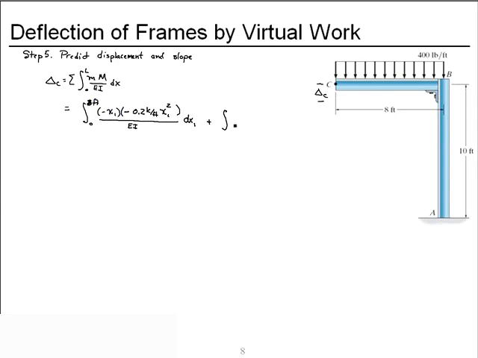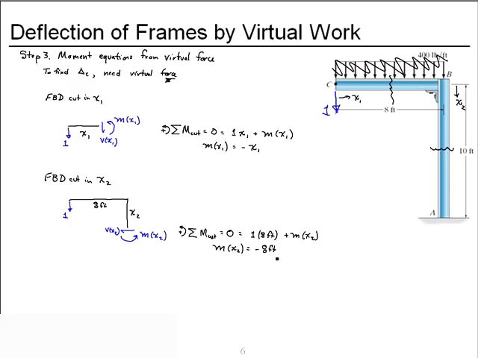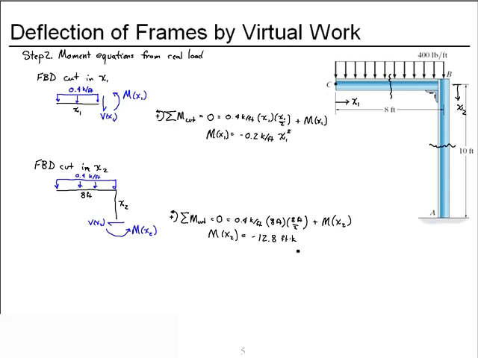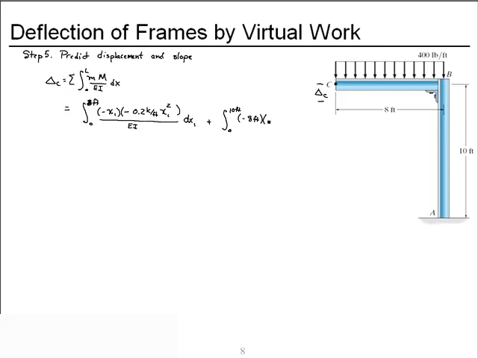And then, for member BA, we integrate from 0 to 10 feet. Our virtual moment was a constant minus 8 feet. And our real moment was another constant, minus 12.8 foot kips. Divide that by EI, integrate with respect to x2.